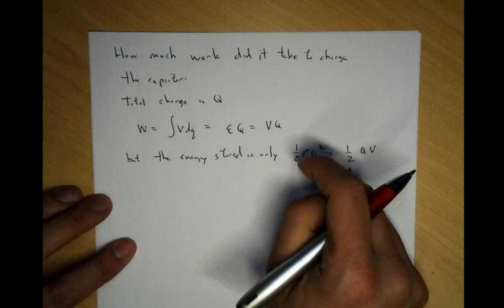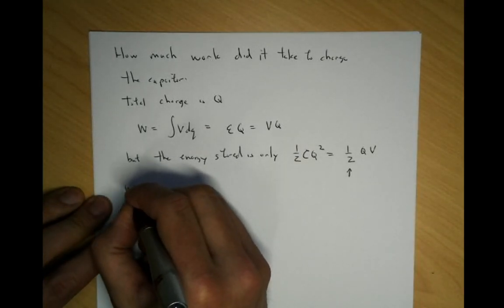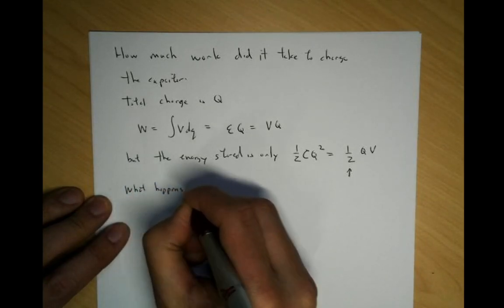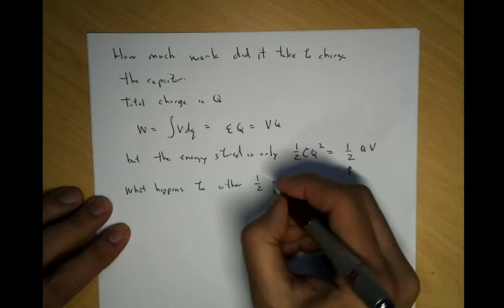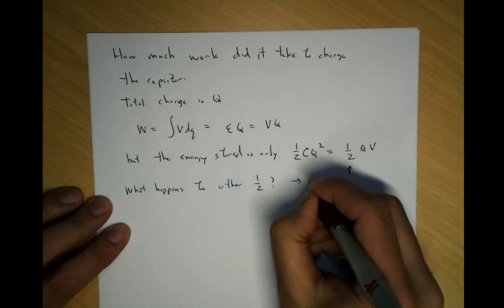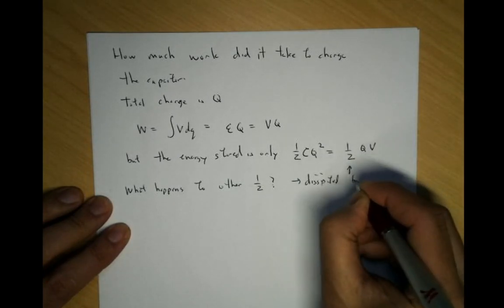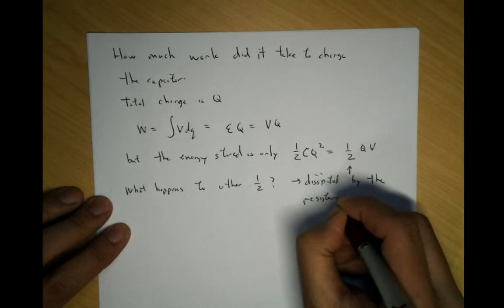Okay. So where did the other half of the energy go? Well, it got dissipated by the resistor.